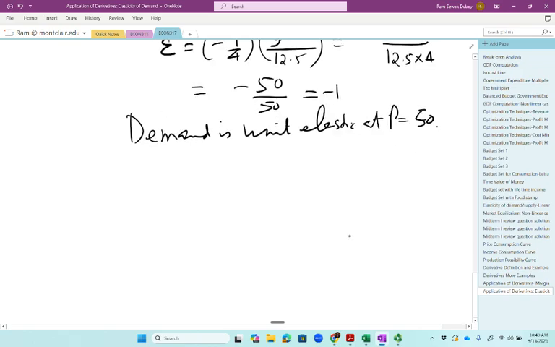Okay, so the application of derivative allows us to find out the elasticity even in cases where demand is given as a non-linear function. So we'll give two examples of non-linear demand. The first one, I take as the demand function Q equal to P to the power negative 1.